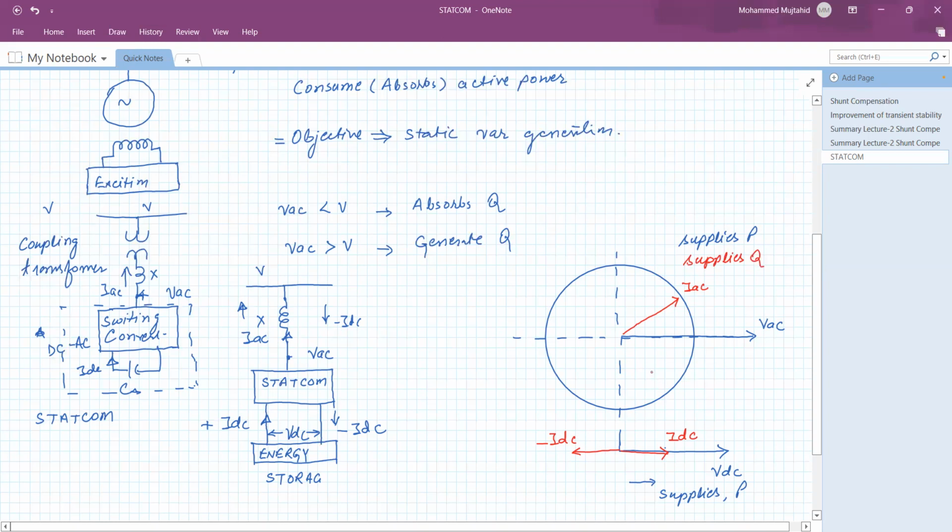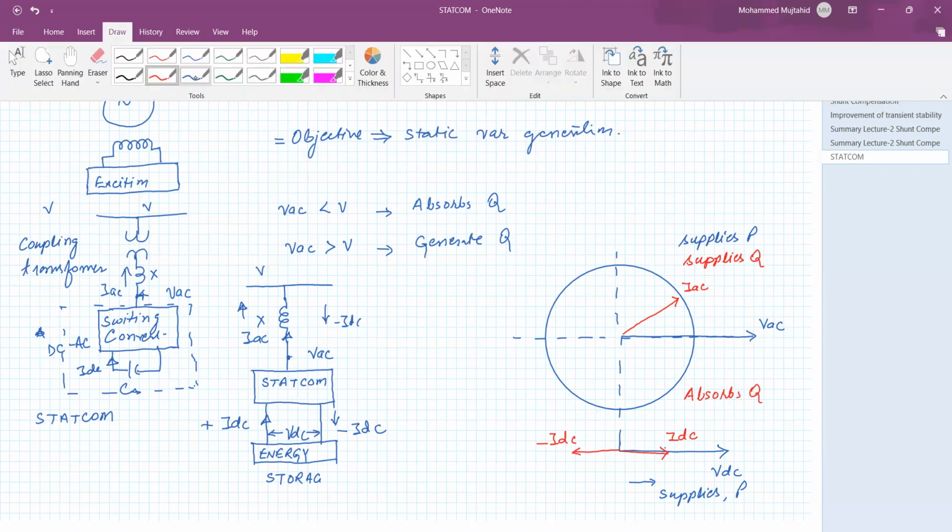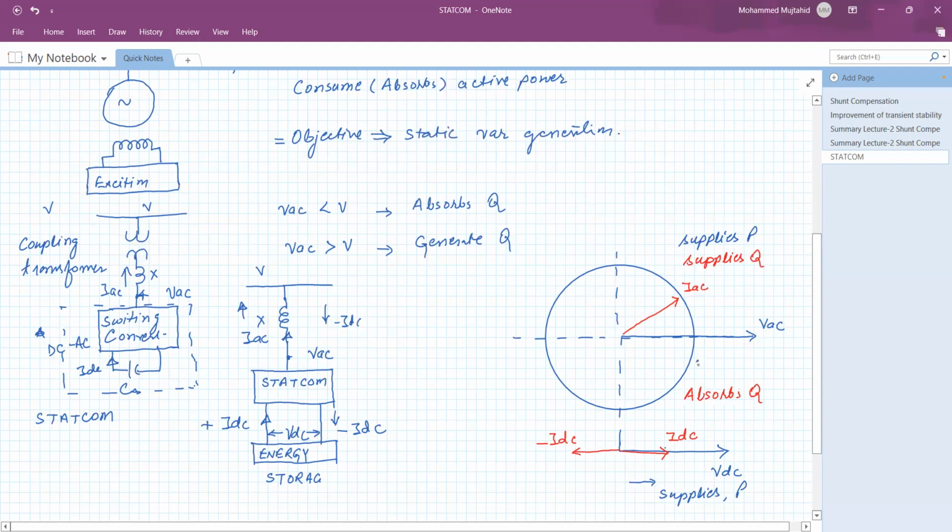But at the same time, when the Statcom voltage is smaller than the system voltage, definitely the reactive power is absorbed, whereas the voltage and current IDC is positive, so it supplies active power.